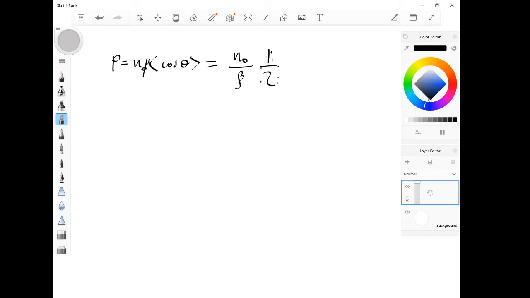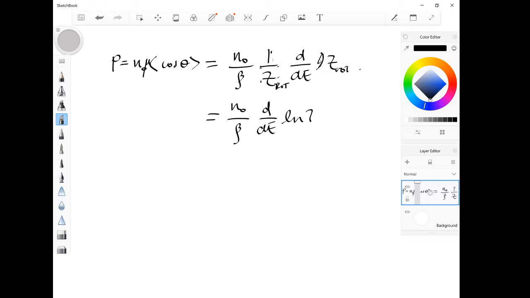One on Z, our rotational partition function, dZ/dE. And that is then equal to N naught kT, d/dE of log of our partition function. And basically we can do the log of the whole partition function, but that's not necessary.